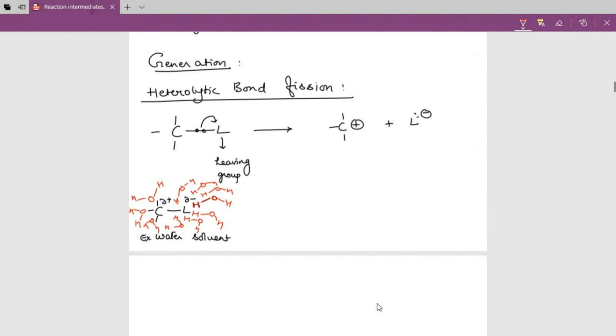So basically, whatever polarity was there in the structure will be further enhanced. This bond will become longer, and this will become more del plus, this will become more del minus. This will be enhanced, maintaining the solvent as I showed you in the first diagram, they are like this surrounding all over.